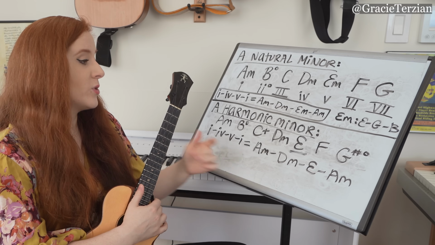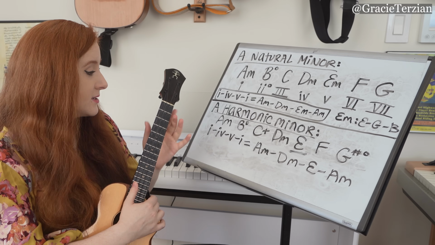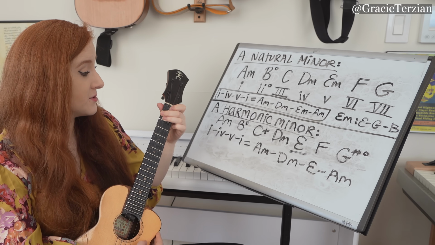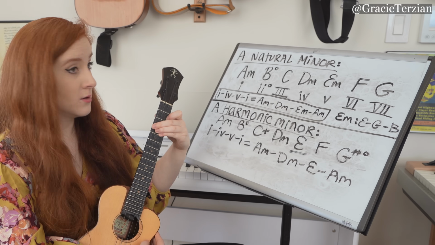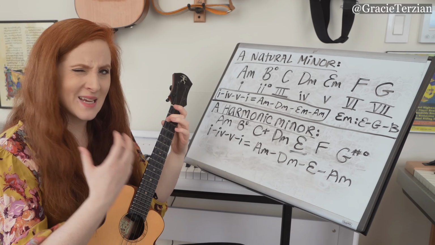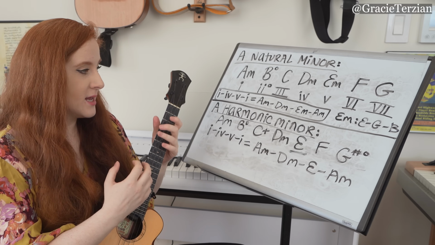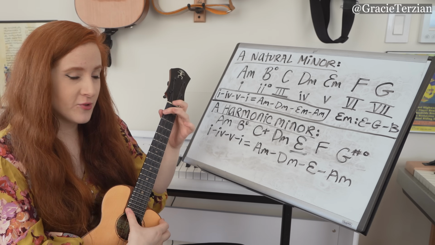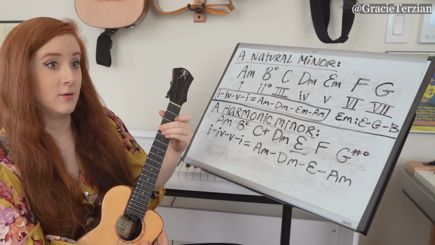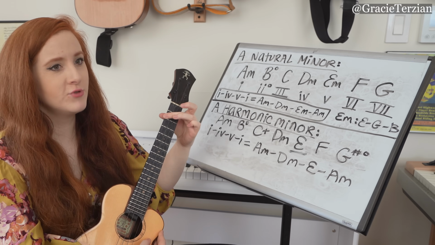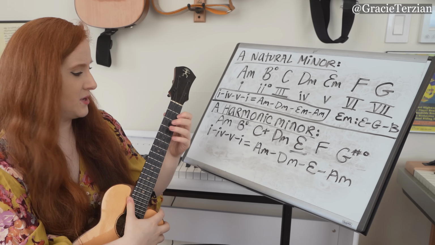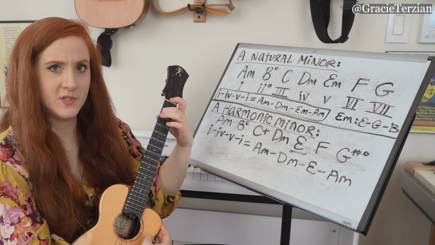But now listen to it with that E major, and listen to how that sounds. We have A minor, D minor, here's the E major, going back home to A minor. Isn't that even stronger? I mean, as I said, E minor does resolve to A minor, but E major has a really strong resolution from E major to A minor, right?